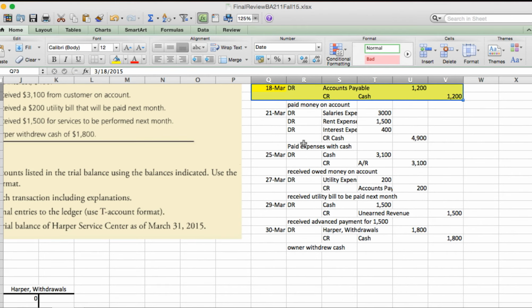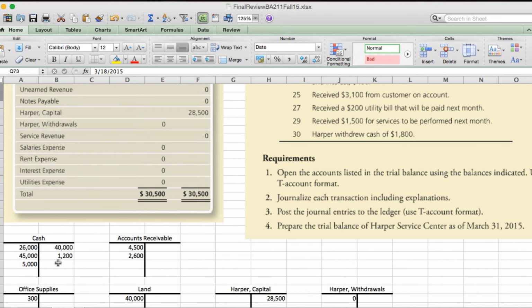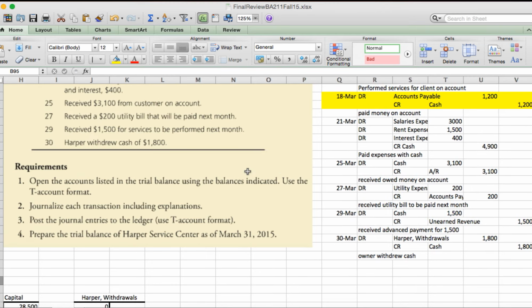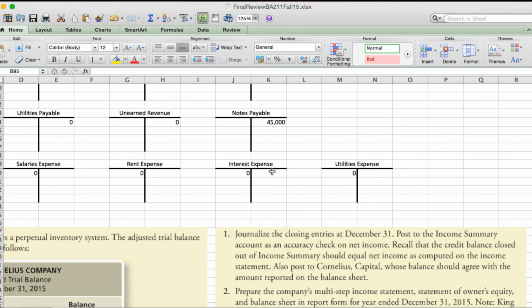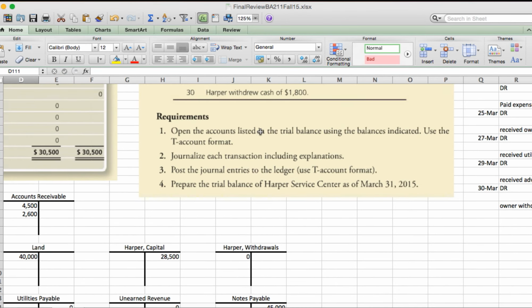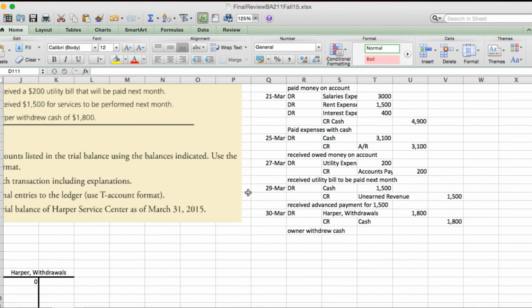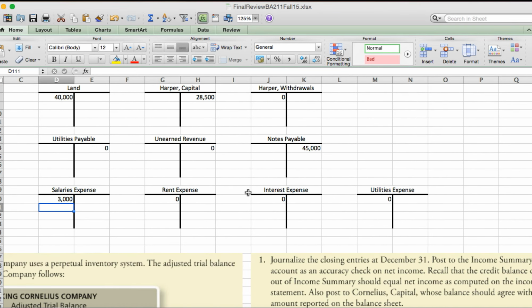So then on the expenses, we've got a credit to cash of 4,900. We've got a debit to salaries expense for 3,000. Debit to rent expense for 1,500 and 400 to interest expense.